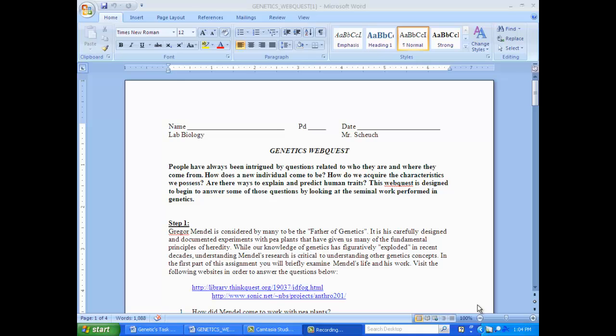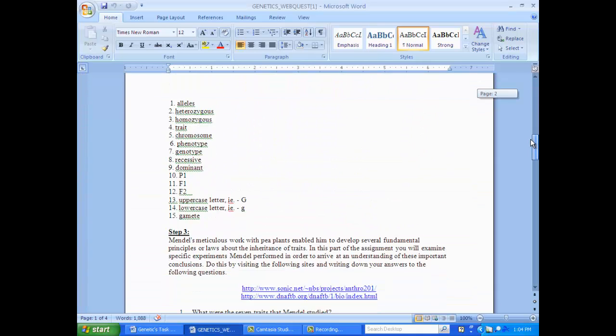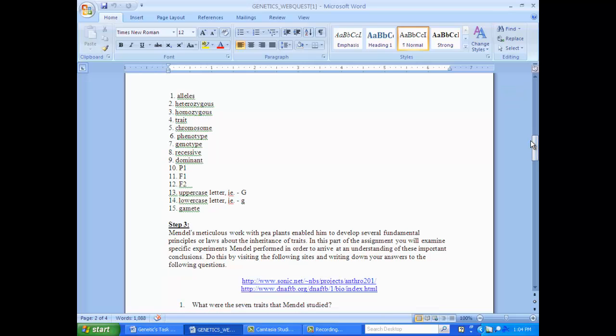But the big part here was these vocabulary lists that I had you look at. These are going to be important because you will see these vocabularies for the next month. In any other genetics course or biology course that you may take outside of high school, these are the cornerstone of genetics. So let's have a quick look at these here.